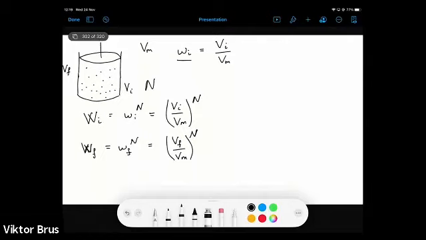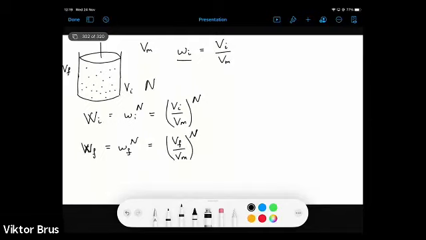We see that because V final is larger than V initial, we will have a higher number of microstates to describe the final macrostate in comparison to the initial macrostate.